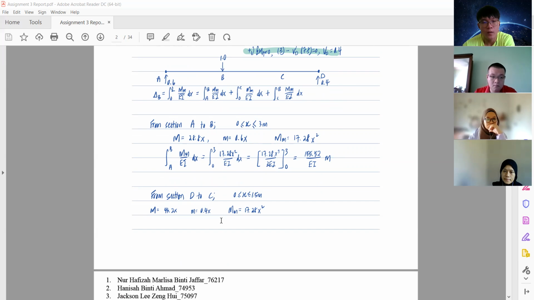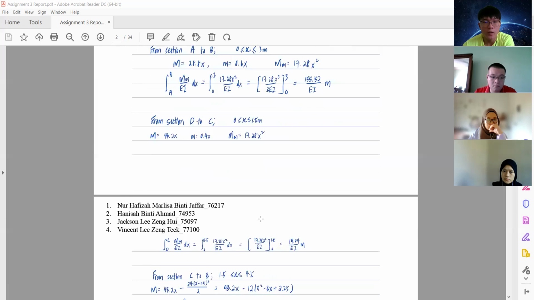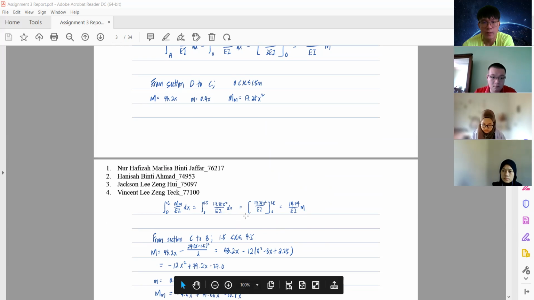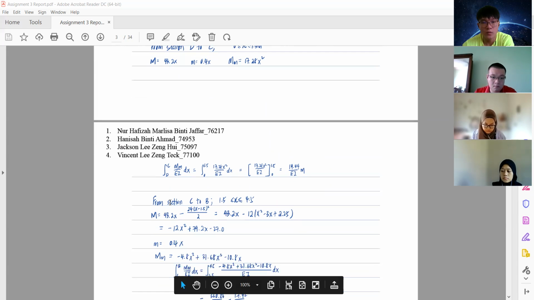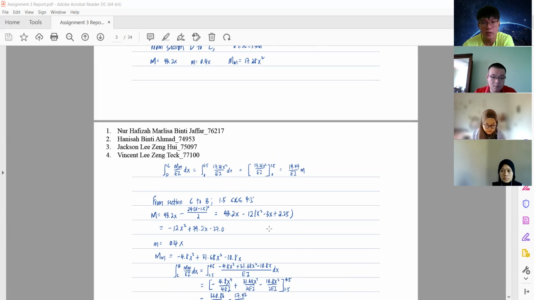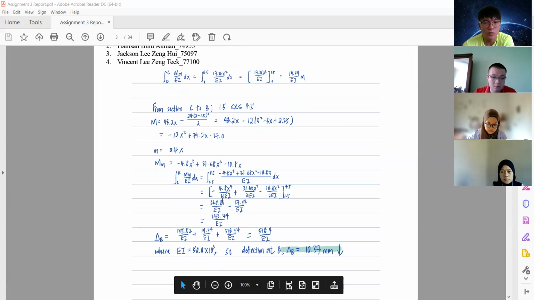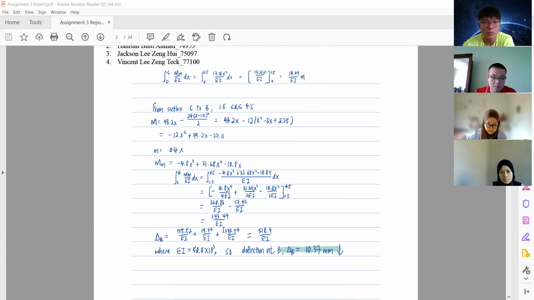The multiplication of these two moments is 17.28x squared. By substituting into the equation, we get the deflection for that part. Lastly, we consider section C to B, between 1.5 and 4.5 meters, and this is the value for the deflection from C to B.